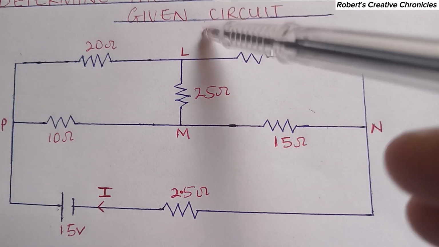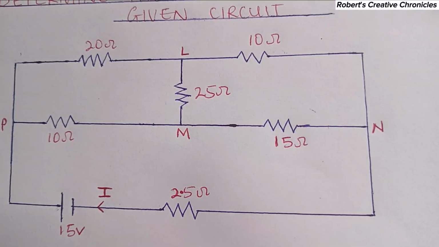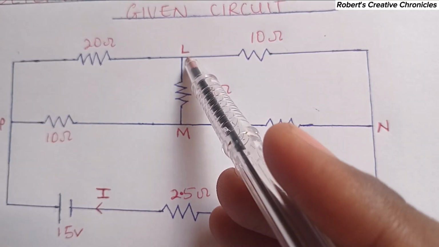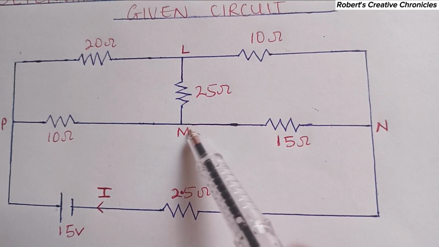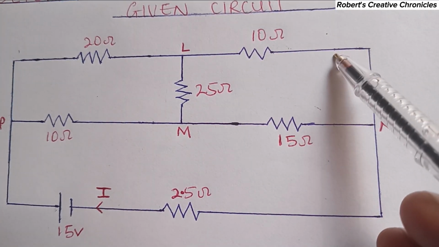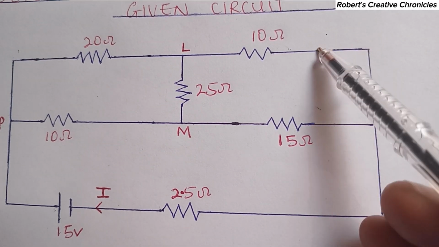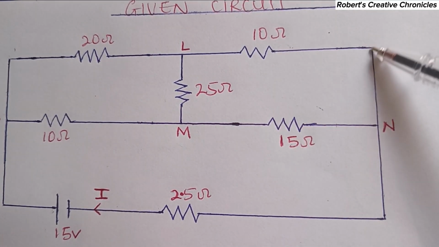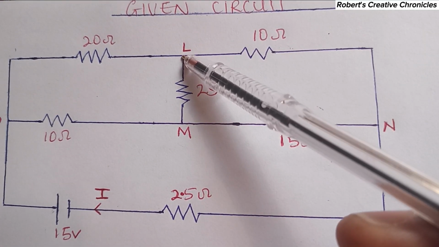You need to convert this network into a star network, because if you look closely, this is one resistance, this is another resistance, this is the third resistance. It's only connected here. It went here and came down. But if you adjust this one in, it will be like this.